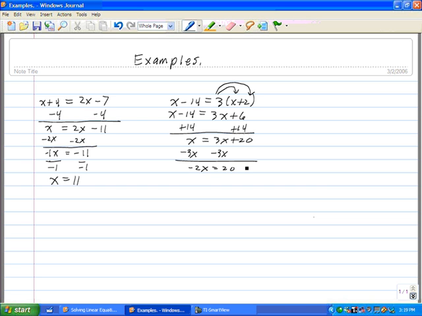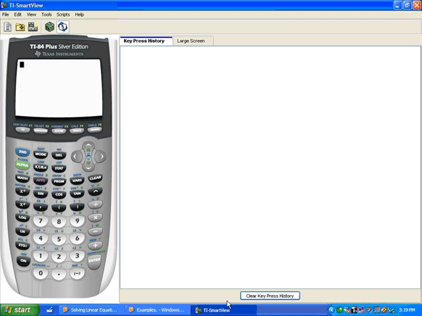I don't want the negative, and neither do I want the 2, so I divide both away, and I'll get x equals negative 10, which we could again verify on the calculator. And let's do one more verification before we give up on doing those for now.